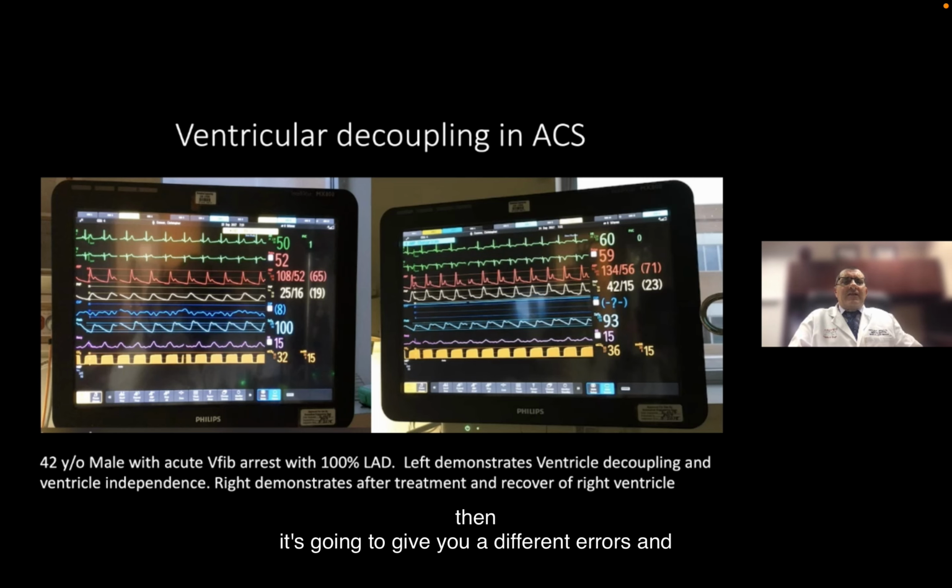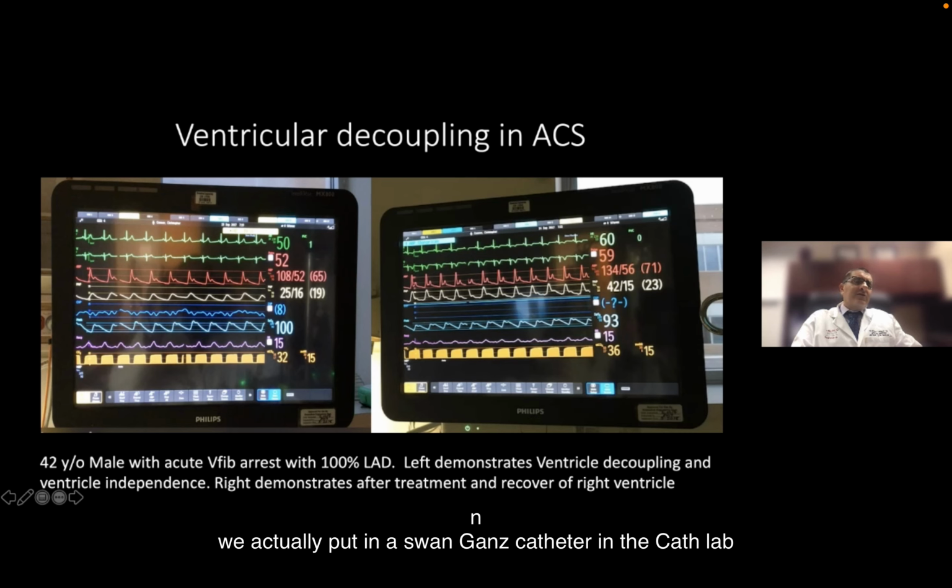What I like to show here is a 42-year-old male who had a VFib arrest. We put in a Swan-Ganz catheter in the cath lab. We thought at first, hey, our waveforms are dampened.